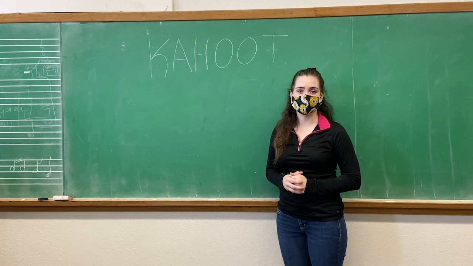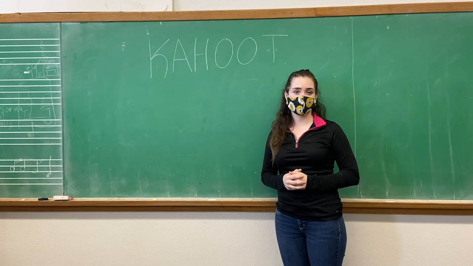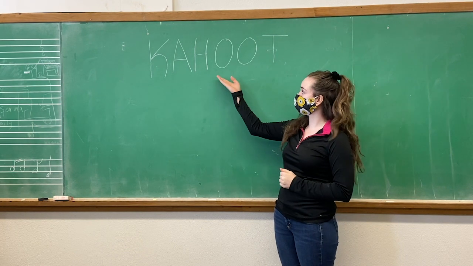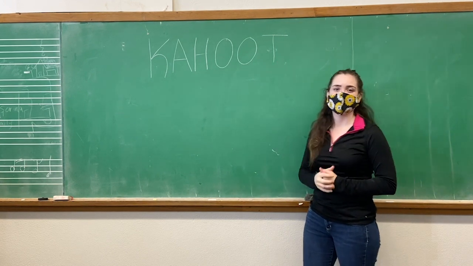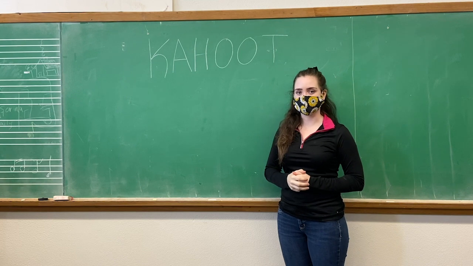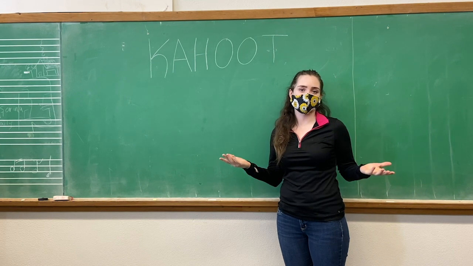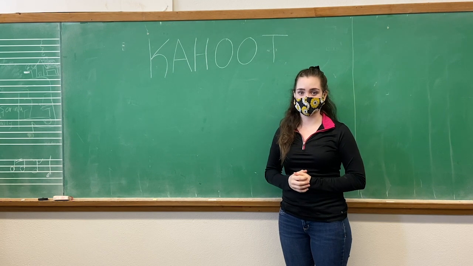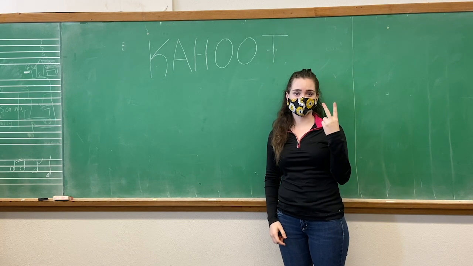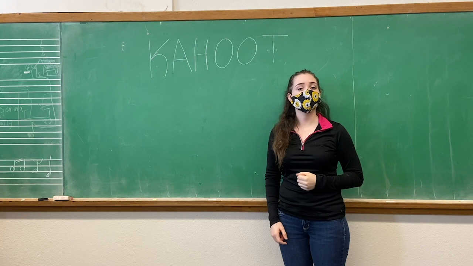Alright everyone, you've done a great job so far. So let's play a game. Go ahead and get out a device that can access the internet and Kahoot, and type in kahoot.it. Your teacher will pull up a link on the board and have you make up a username. Now what you're going to do is you're going to play a game about Russian numbers. There are 2 types of questions. The first type of question is true or false.